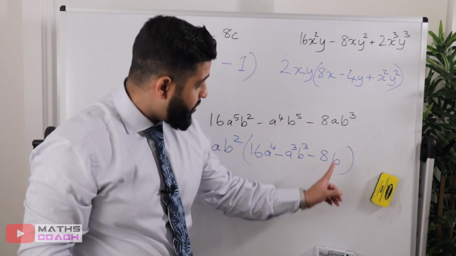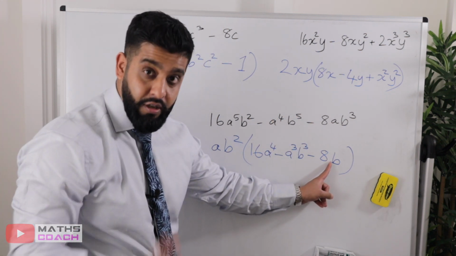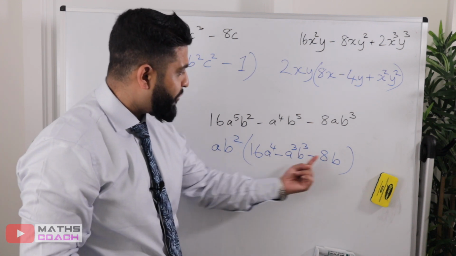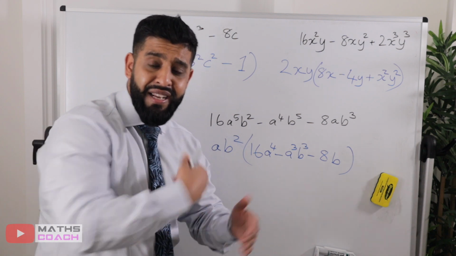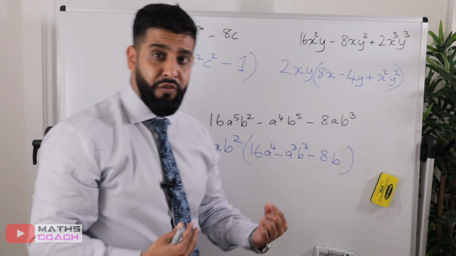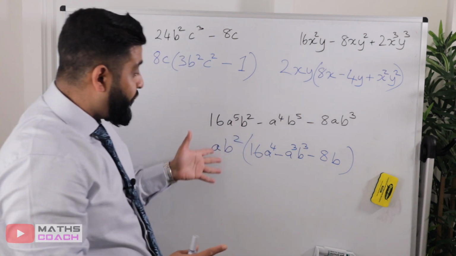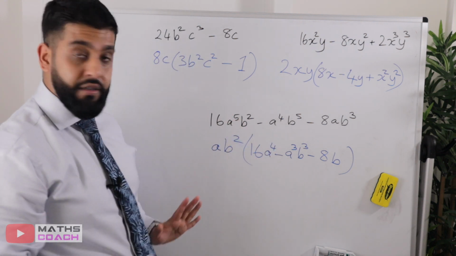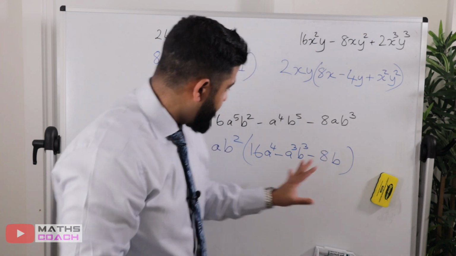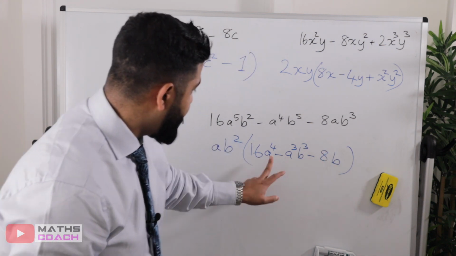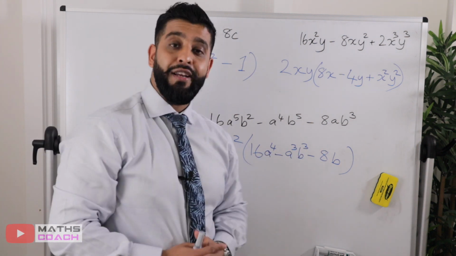Just to give you an example, had there been an a here, then we'd say, hold on a minute, a to the power of 4, a to the power of 3, and a. The minimum a that's common between them is a to the power of 1, and then we would have had to take that a outside. But there isn't, because we have fully factorized. And with the b's, it's the same thing, so b cubed and one b here. This doesn't have a b, so there's nothing in common.